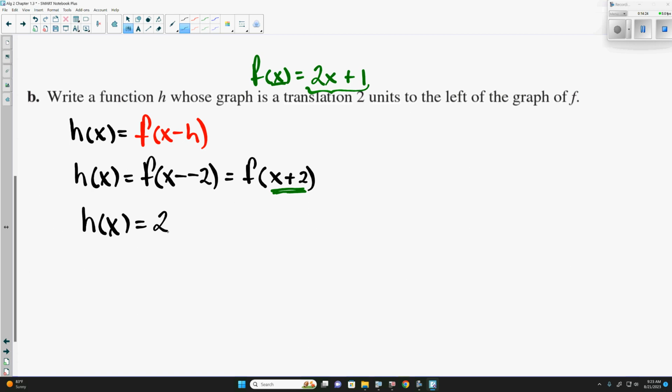Next to it is what used to be x, but we have to replace it, so we have parentheses, x plus 2, plus 1. Every place where there used to be an x now has to be x plus 2. Questions on this here?